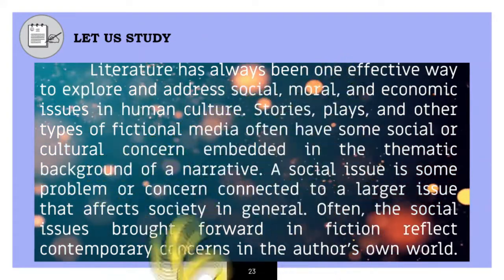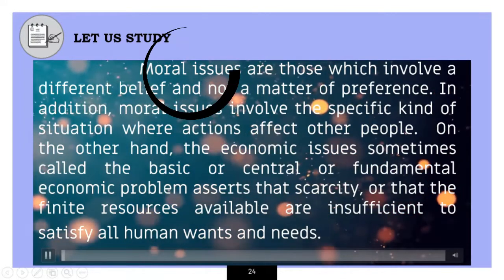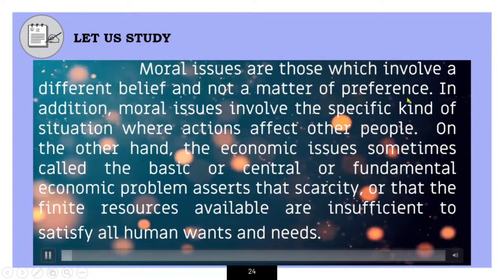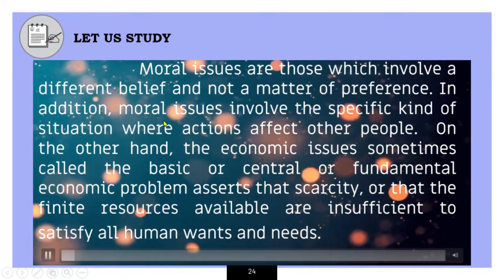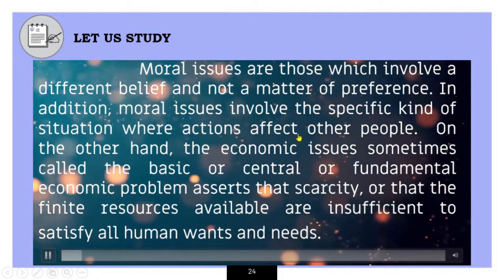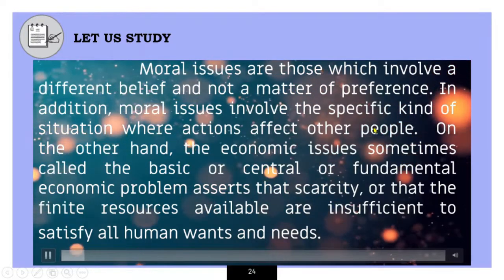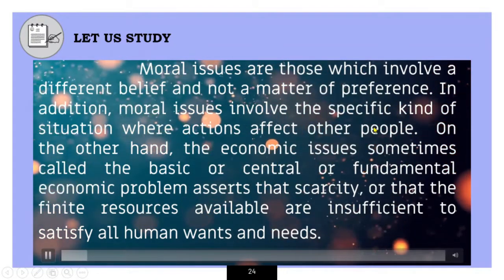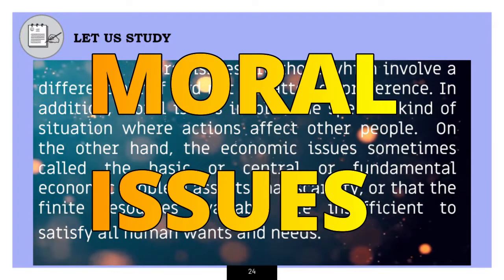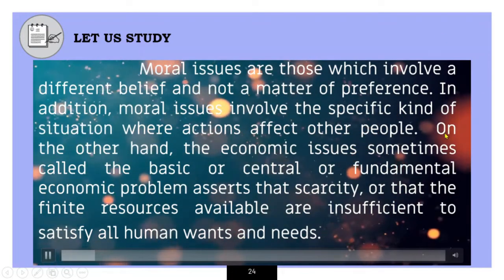Moral issues are those which involve a different belief and not a matter of preference. In addition, moral issues involve the specific kind of situation where actions affect other people. Remember, in society, we have moral issues. So, this is affecting the people.